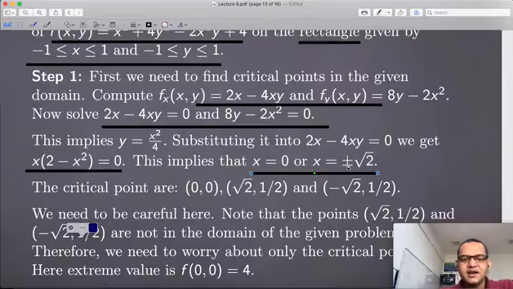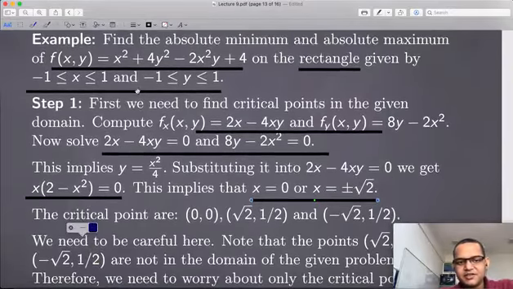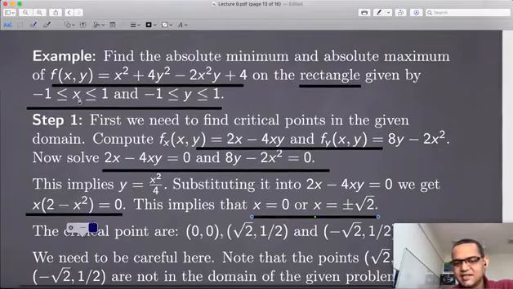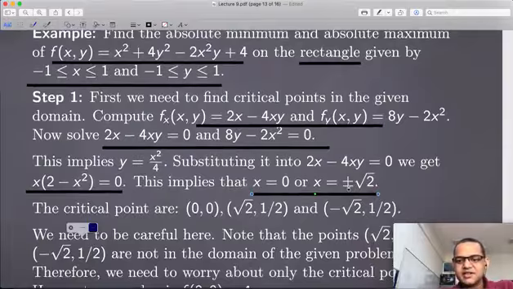But immediately you should not jump. You also have to be careful about what domain you are working with. x equal to 0 is certainly inside the domain, but square root of 2 is bigger than 1. Similarly, the square root with a negative sign is less than -1. So these values of x are outside the domain, so we are not going to consider them. Agreed? Because this is not inside my domain.